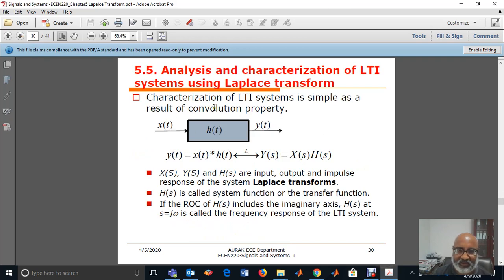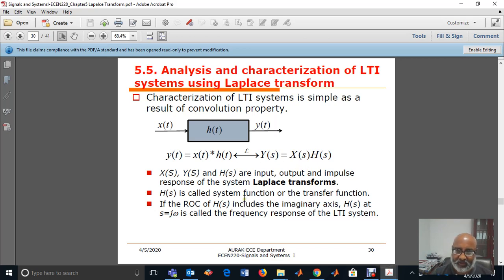Okay, now in today's topic we will see analysis and characterization of linear time invariant systems using Laplace transform. Especially we will see the properties of causality and stability. As we said earlier, if I have a system h(t) with input x(t), y(t) is x(t) convolved with h(t), and Y(s) is X(s) times H(s). H(s) is Y(s) over X(s), which is called the transfer function of the system.